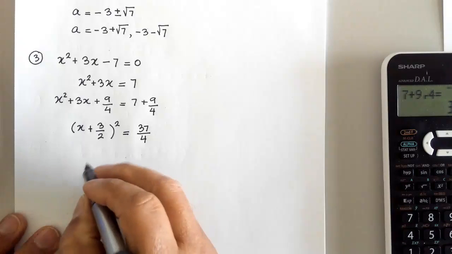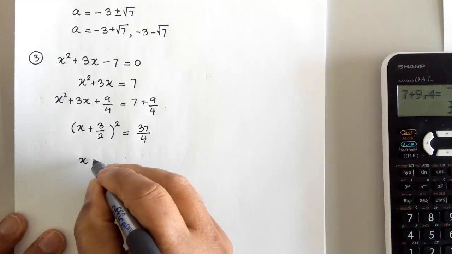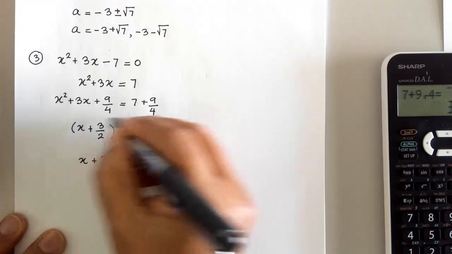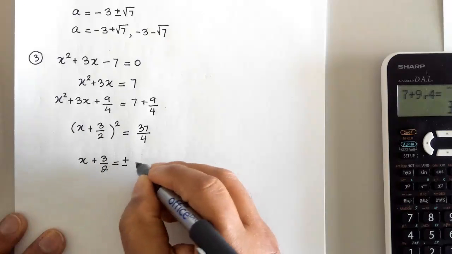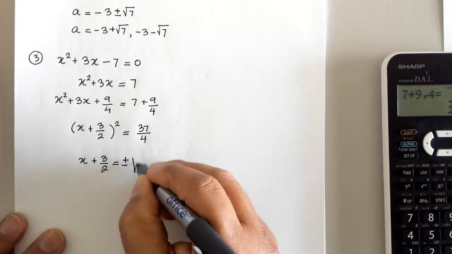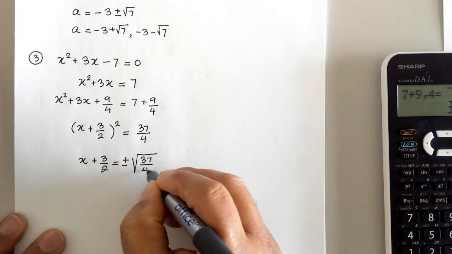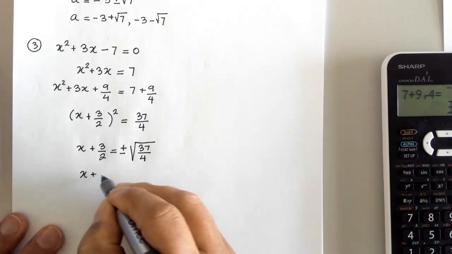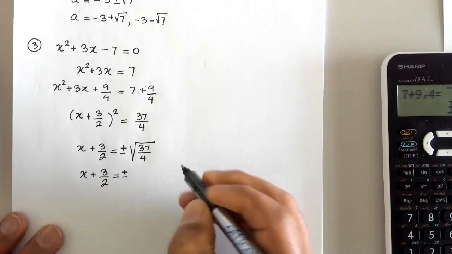And then finally, well, almost, we're going to do x plus 3 on 2. So we're going to square root both sides, and on the other side we're going to have plus or minus a square root of 37 over 4. Then we have x plus 3 on 2 is equal to plus or minus.